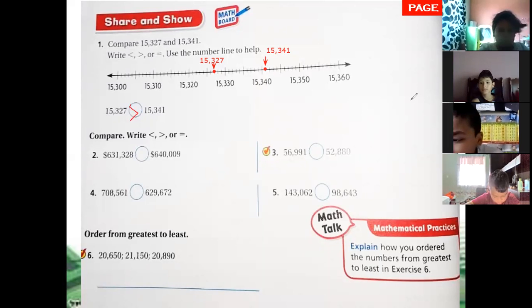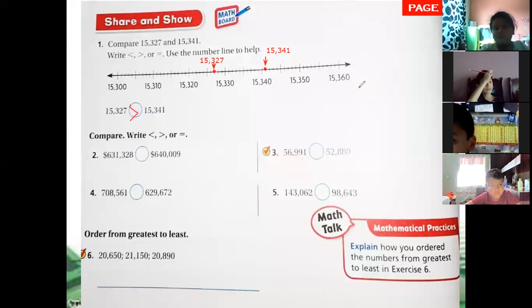Remember that the number that is at the left is closer to the 0.